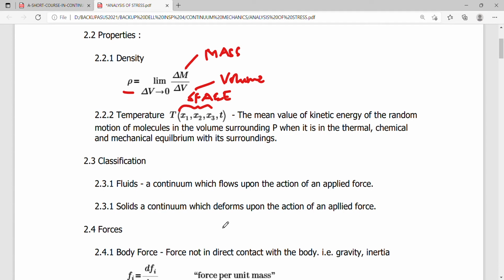So the difference between the two is that fluids describe your continuum in terms of its flowability, or how the body flows upon the action of an applied force, while solids are defined in terms of a continuous body which deforms upon the action of an applied force.